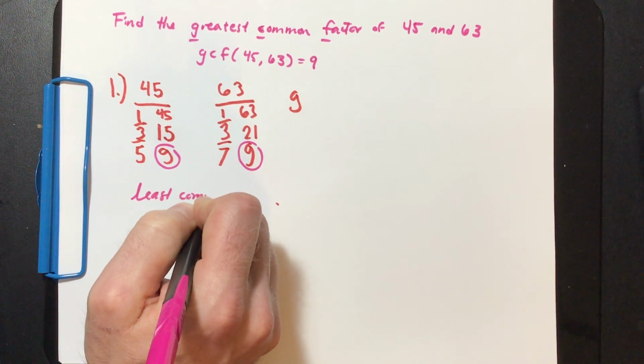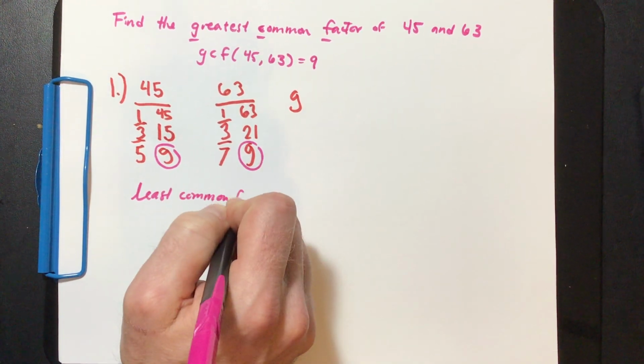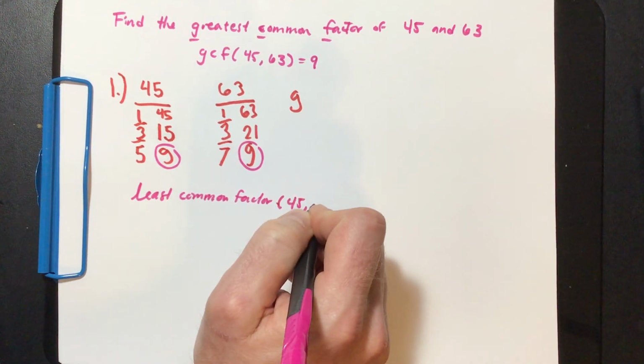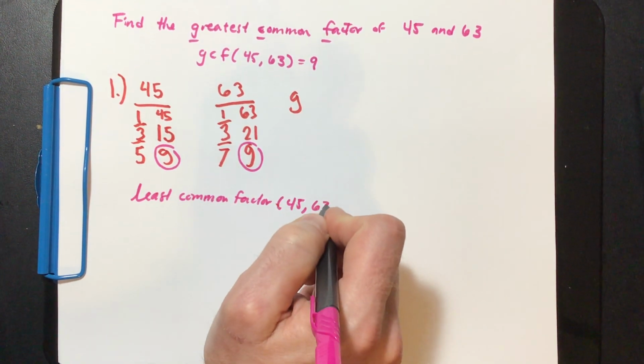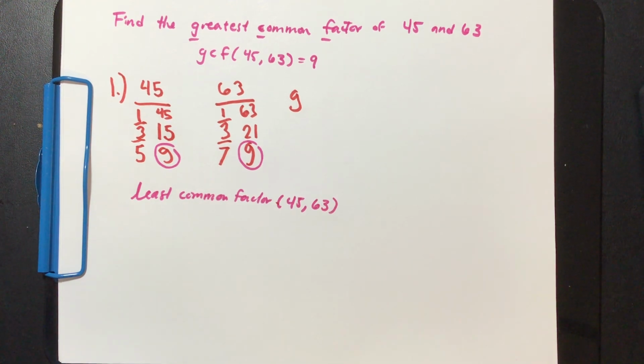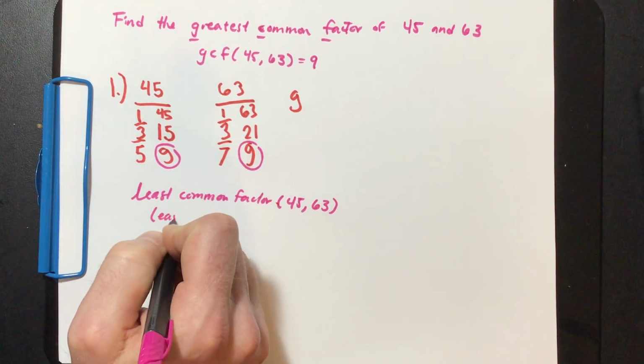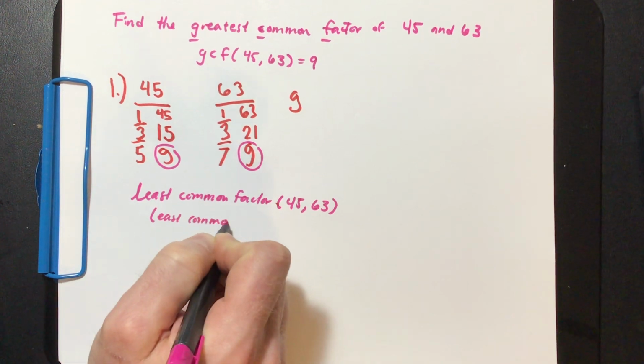Have you ever heard of the least common factor of two numbers? Yes. What's the least common factor of 45 and 63? 1. Yes.